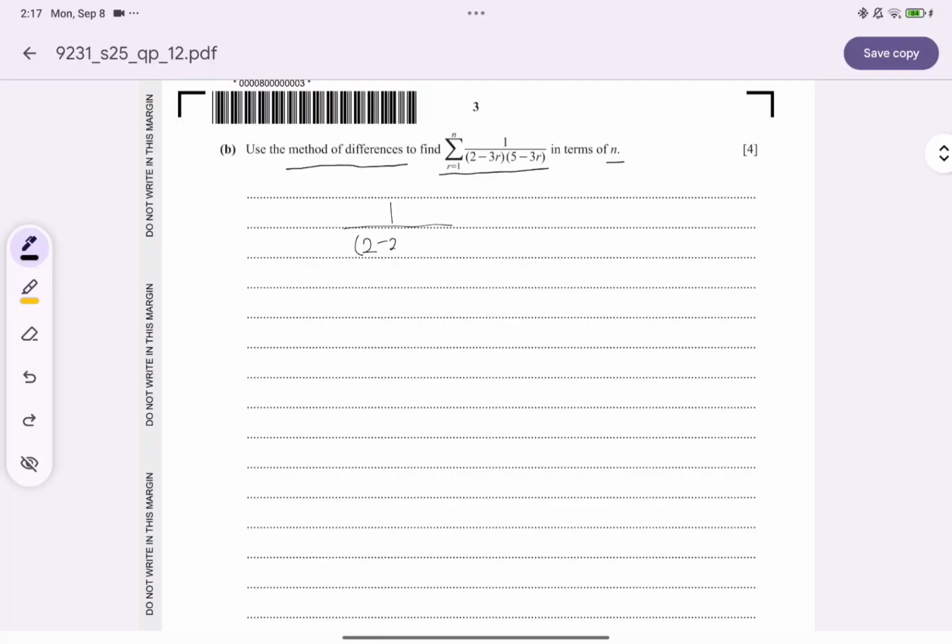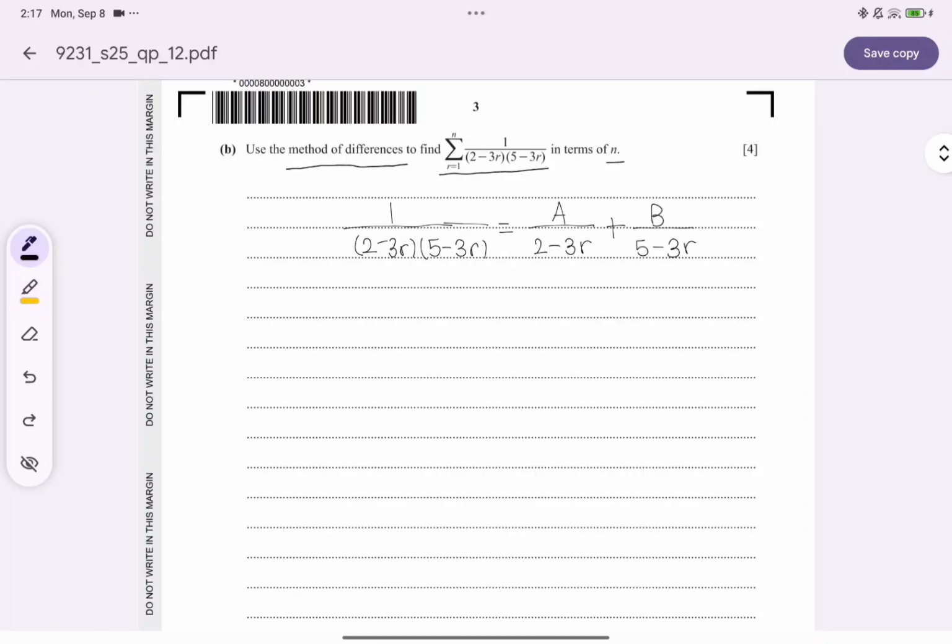So let's write down our factors. The first term would have the denominator 2 minus 3r, and the numerator would be a constant since the denominator is a linear term, plus b over 5 minus 3r.